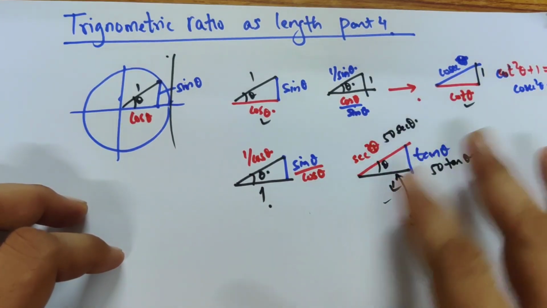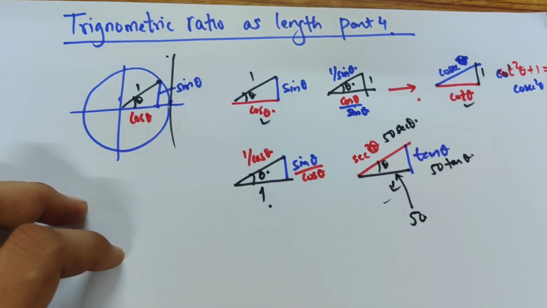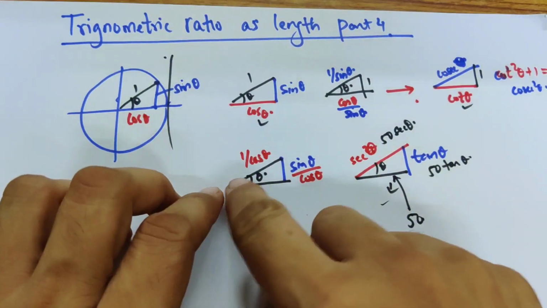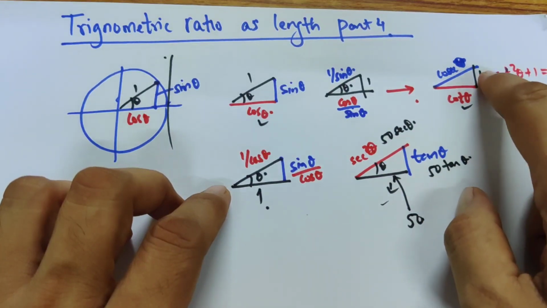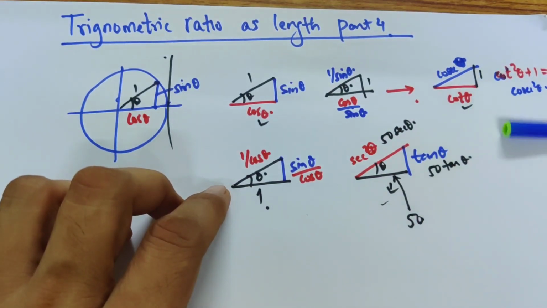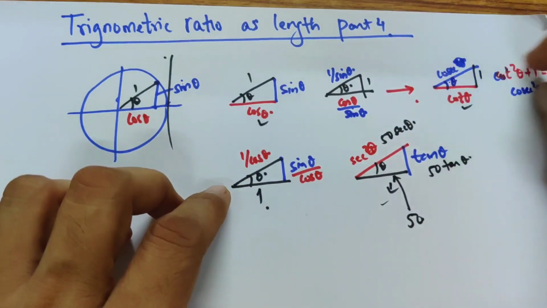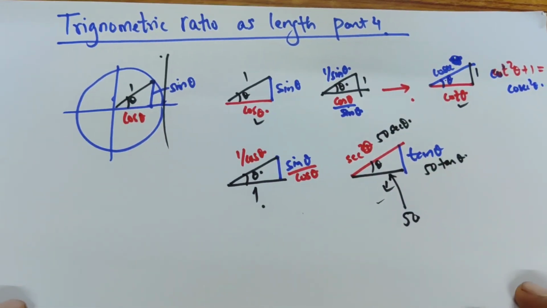That is not as obvious now. But here it's clear because 1 is here. That means the hypotenuse will always be greater than 1. Here also this is constant, this is 1, and this angle is theta, so the hypotenuse will always be greater than 1. That's also a legitimate way of looking at it for the same results.